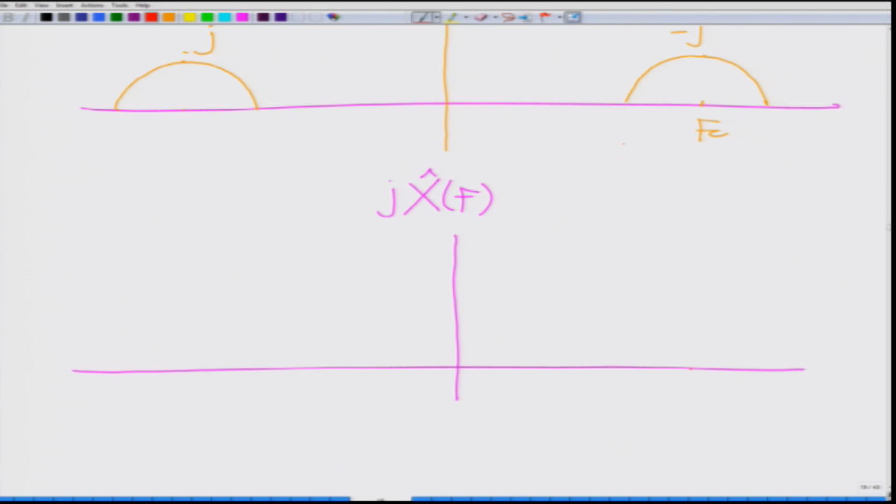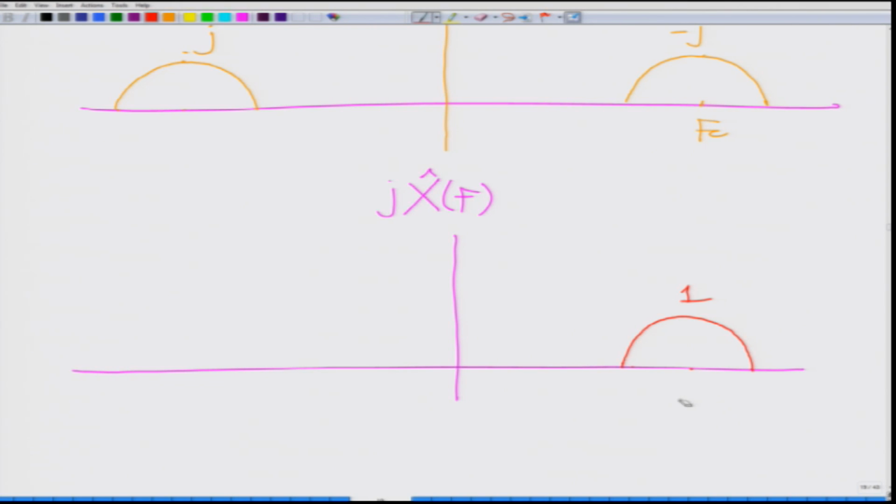So minus j into j will give a scaling of 1.